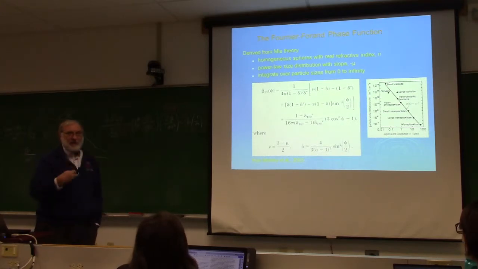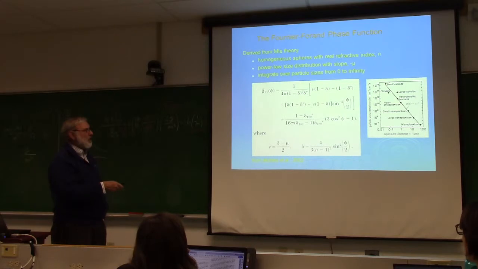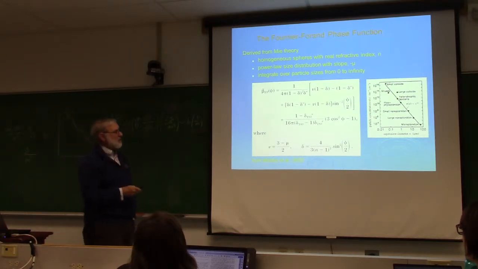And one of the things that comes out of Mie calculations is the phase function. So he's got a phase function here that is what you would have for spheres over all sizes and for a given slope of the particle size distribution.